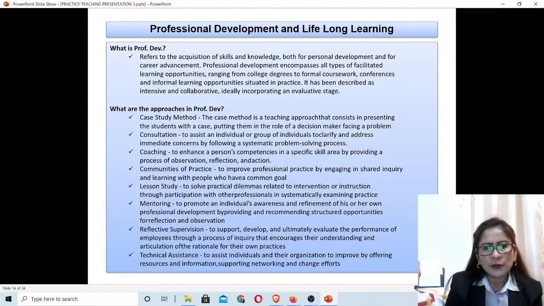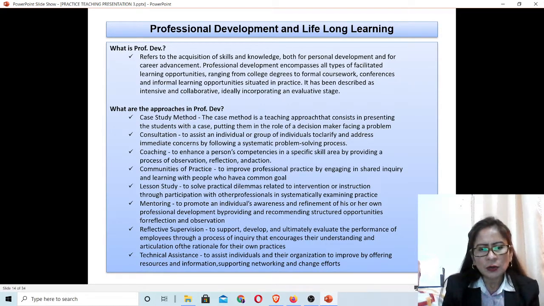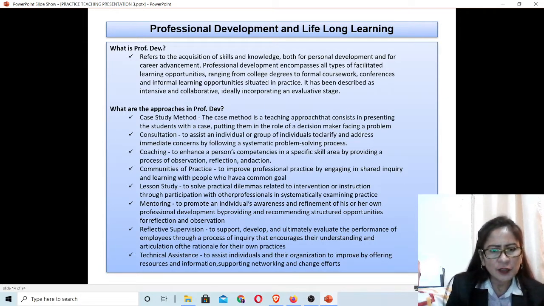Mentoring: to promote an individual's awareness and refinement of his or her own professional development by providing and recommending structured opportunities for reflection and observation.